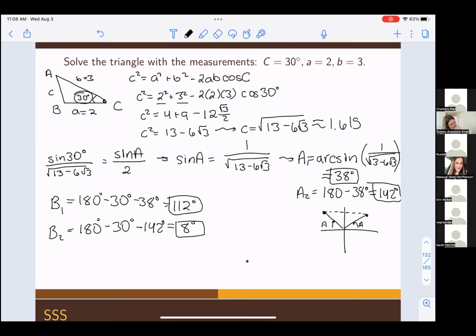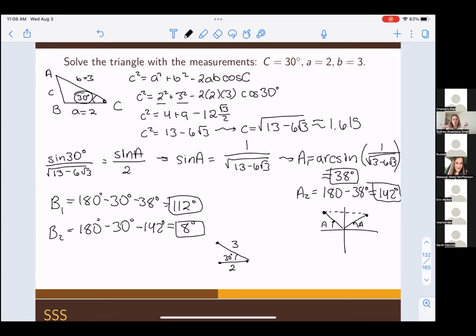So let's very, very carefully try to sketch at least a little bit to scale what this triangle looks like. So this here is my side A, and here is my side B. Just a little bit longer, and here's my 30-degree-ish angle. So these side lengths are determined.